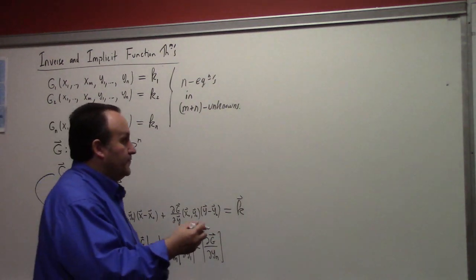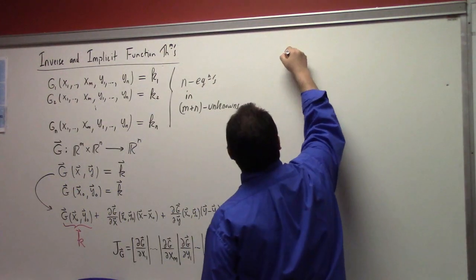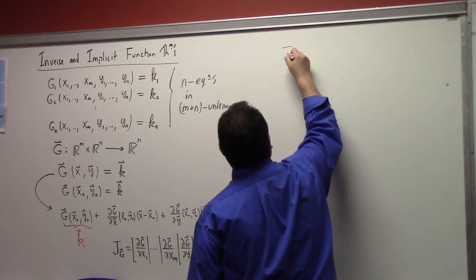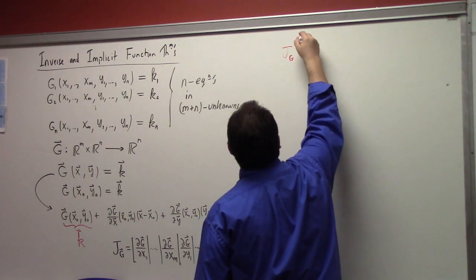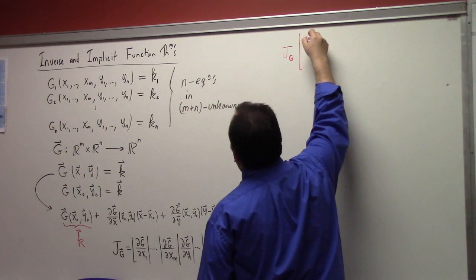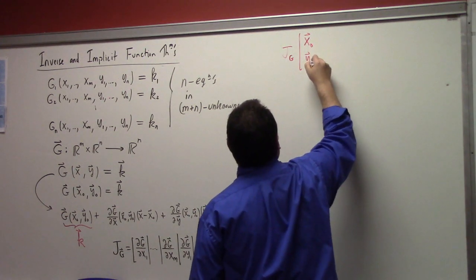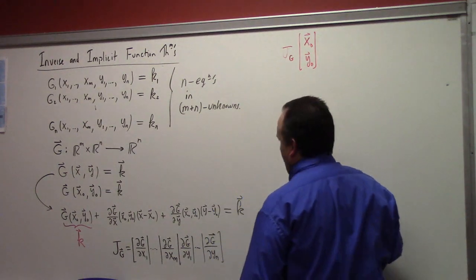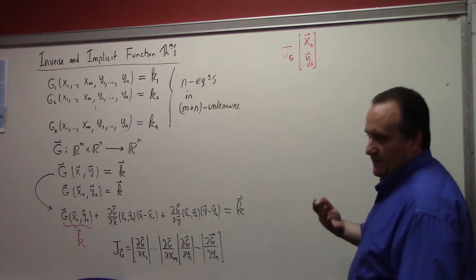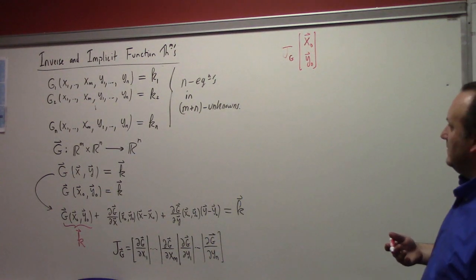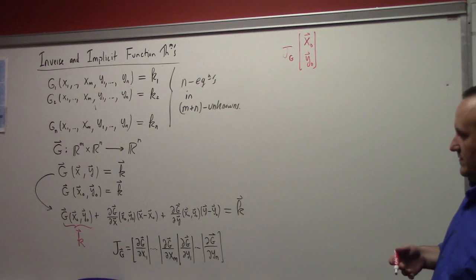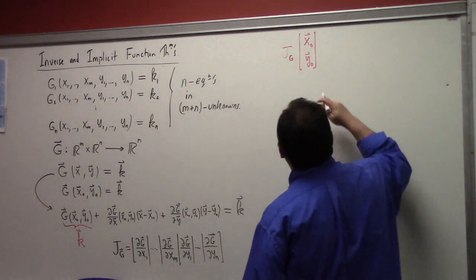So if we calculate the Jacobian of G times the vector, so we put the vector x naught here and y naught there, that would be the value of the Jacobian at the point in question. But I guess I'm not doing that.